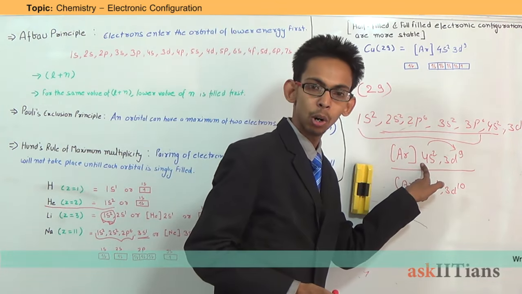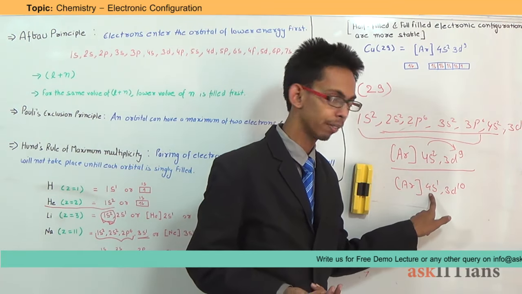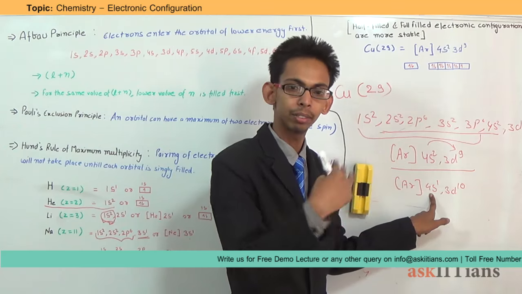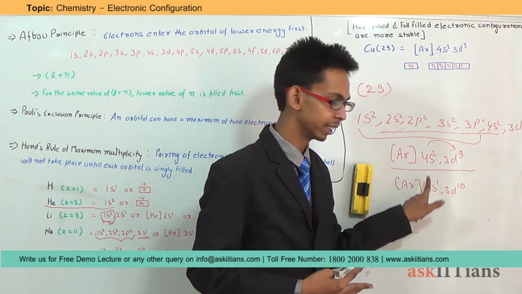This 4s orbital was stable earlier because it was fully filled, now it is half filled, it is again stable because both half filled and fully filled orbitals are stable, so there is no change in the stability of this 4s orbital.